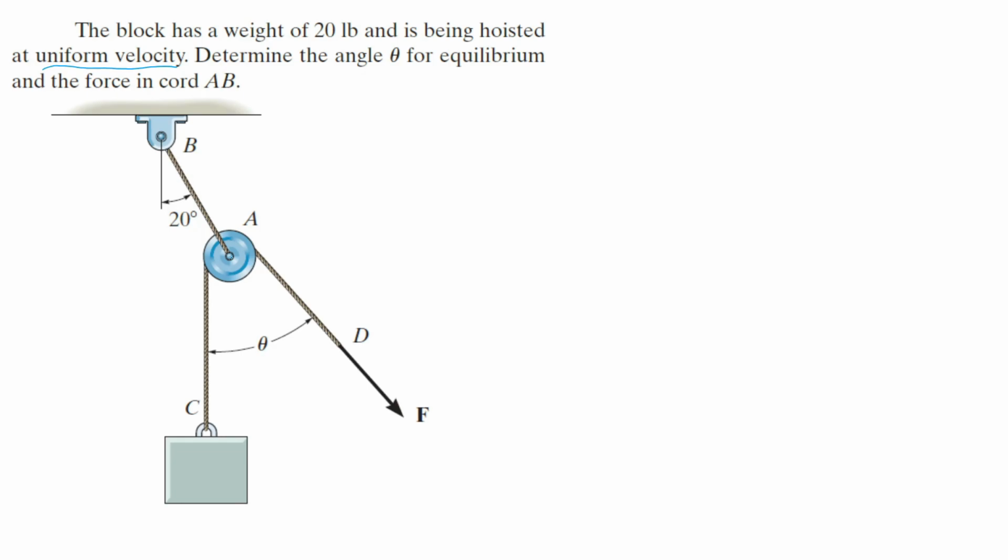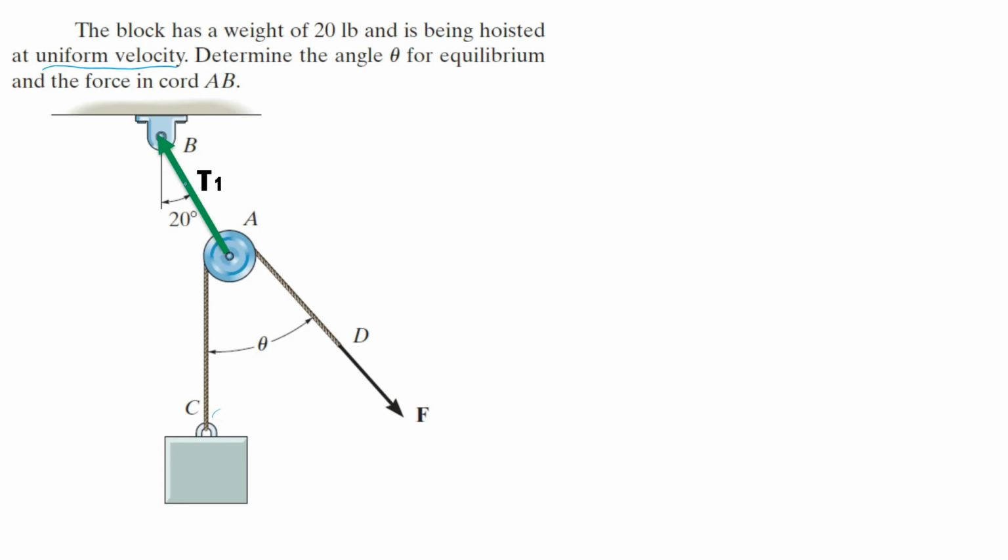So we have a pulley here, and on the pulley, there is one cord that is connected to it. So that is cord AB. And there is another cord that is passing through a pulley. So that is a continuous cord, which is cord CAD. Okay, so let's call this cord AB my T1, since this is the point of interaction of our problem.